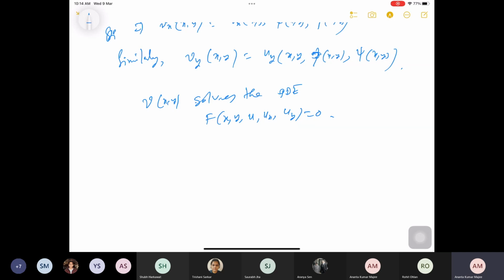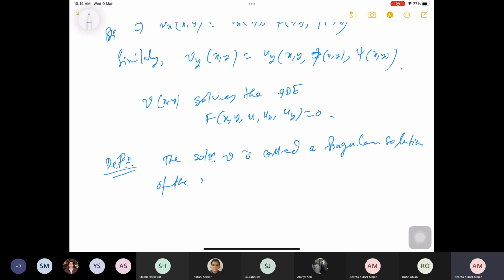This v is called the singular solution. So I put as a definition that the solution v is called a singular solution of the nonlinear first order PDE, f(x, y, u, u_x, u_y) equal to 0.